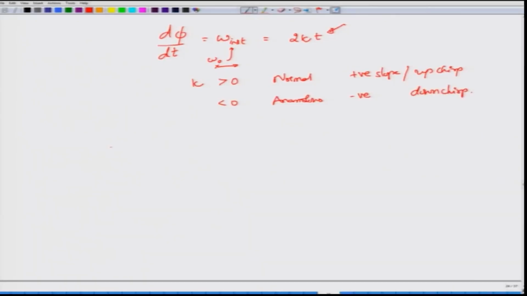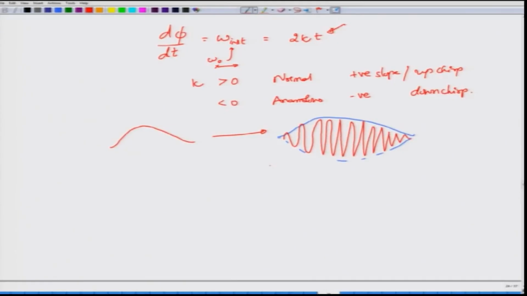If you take this pulse, which is initially unchirped, launch it over the fiber and wait for a large transmission distance, what you see will be a pulse which has spread out. Interestingly, the pulse would have acquired a chirp which is linear and increasing across the pulse.